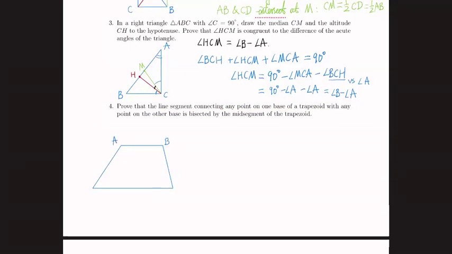A, B, C, D. Any point on one base, I'm going to pick this one. Any point on the other base, make it non-symmetric, I pick this point. So I connect the line segment.